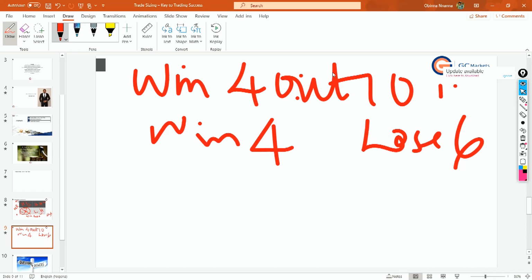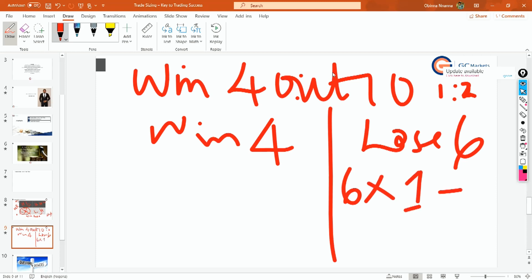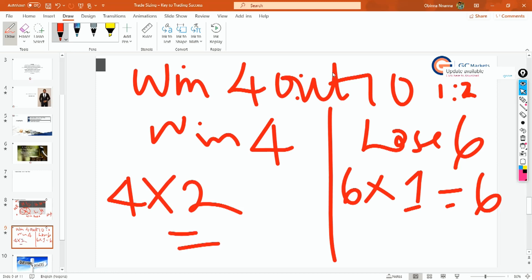If we lose 6, that is 6 times 1, so we have a $6 loss. But we won 4, and for each trade we risk 1, we make 2, so we have 2 each, and in total we have 8. So you see that the net gain is $2. So you come out with a profit, even though you lose more trades than you win.